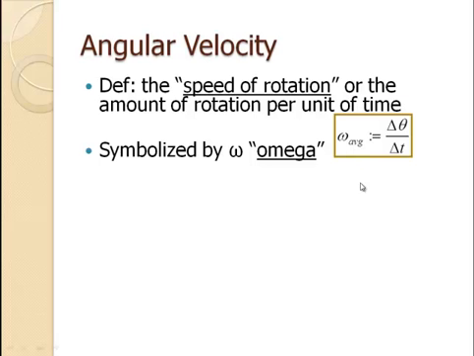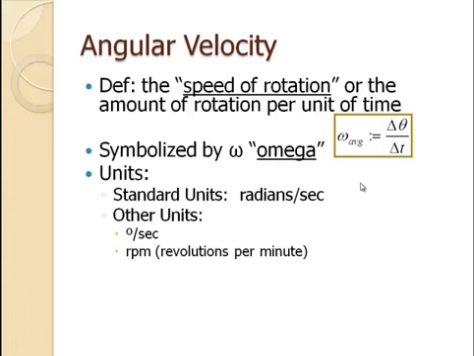Now, you'll hear me say angular velocity or rotational velocity. They're both used quite commonly, so either one is okay. The standard units for angular velocity are radians per second, since the standard unit of rotation is radians. But there are other units possible, like degrees per second.